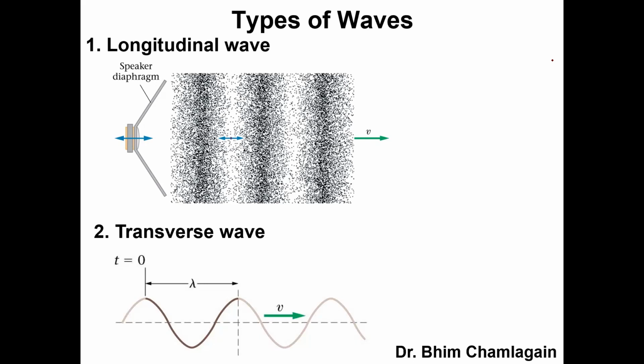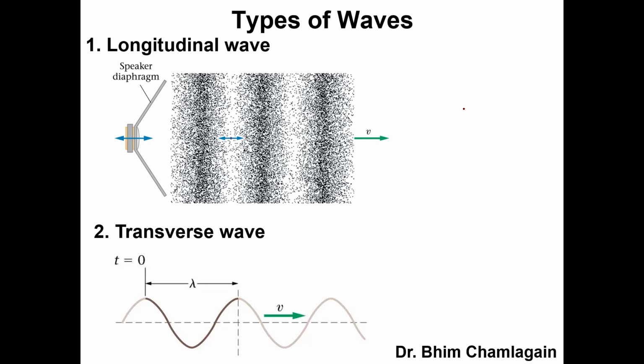It means the particles are vibrating about their mean position, which is called the equilibrium position, where they are when at rest. When they start to vibrate, they vibrate from their mean position and hand their energy to the next molecules. That's why the wave carries energy.